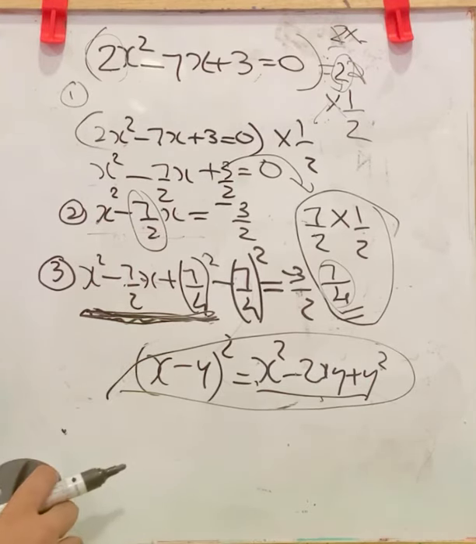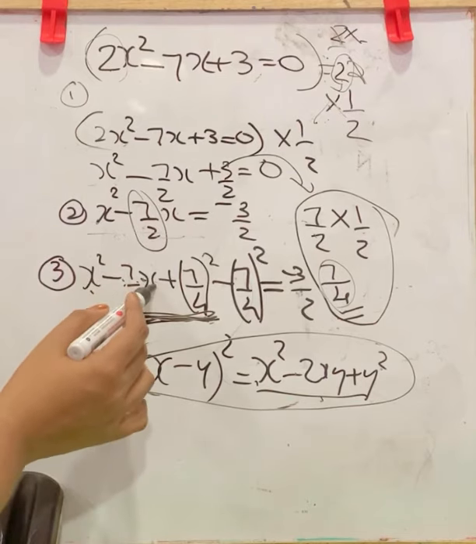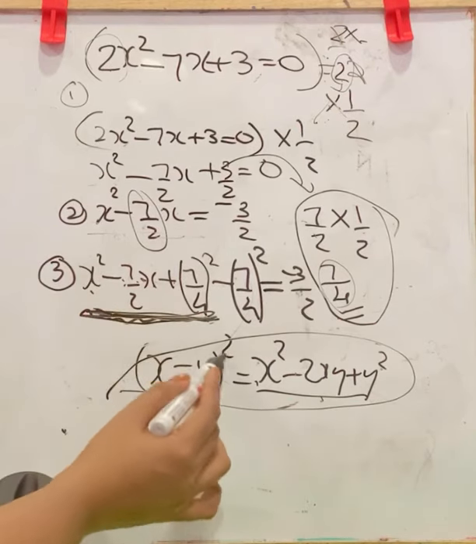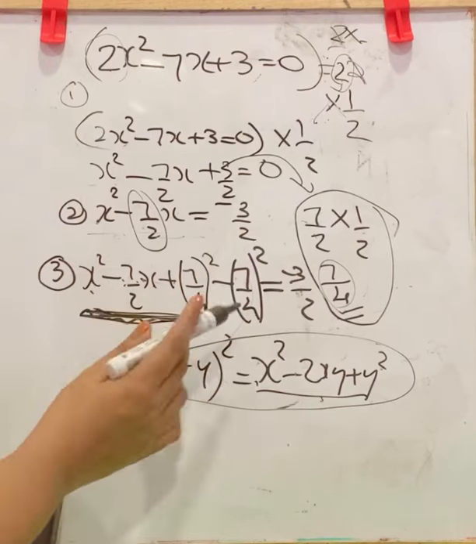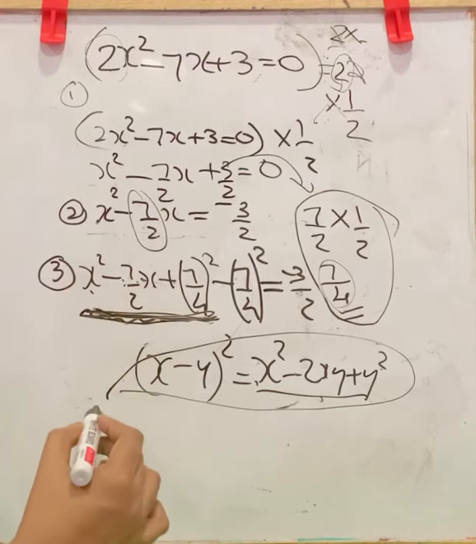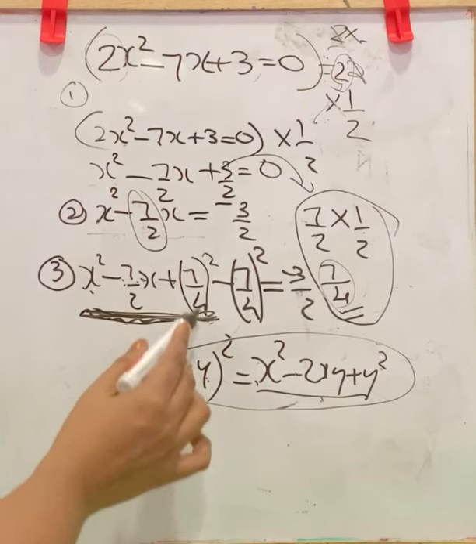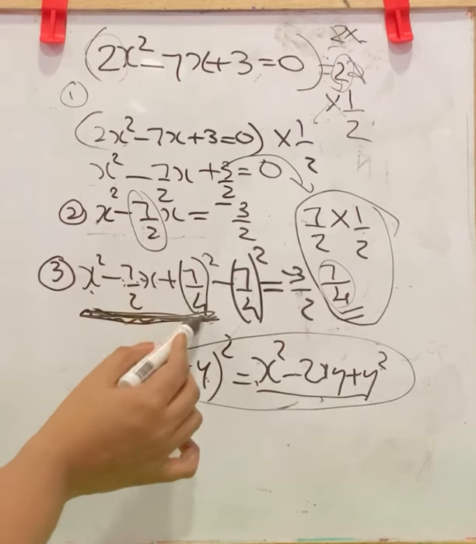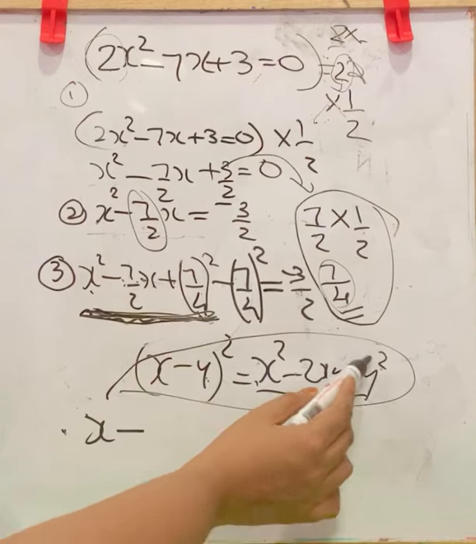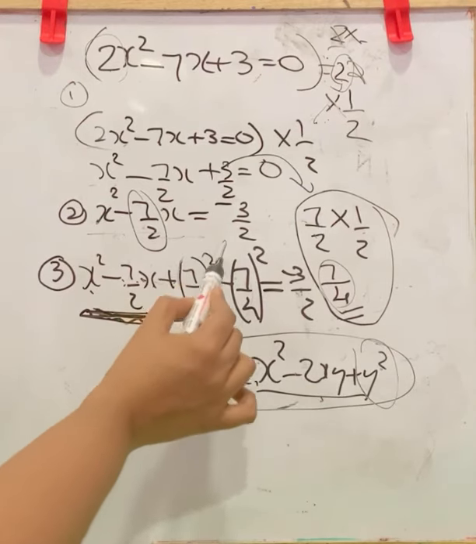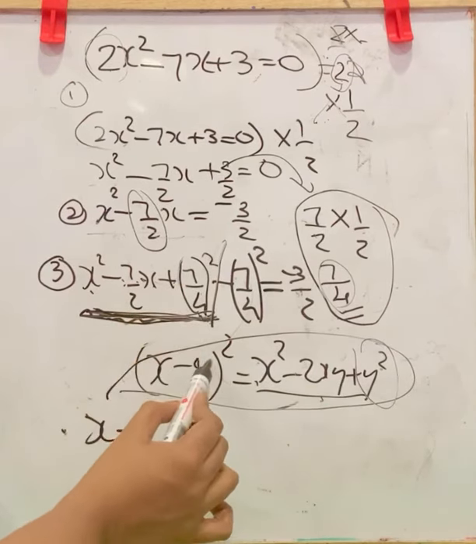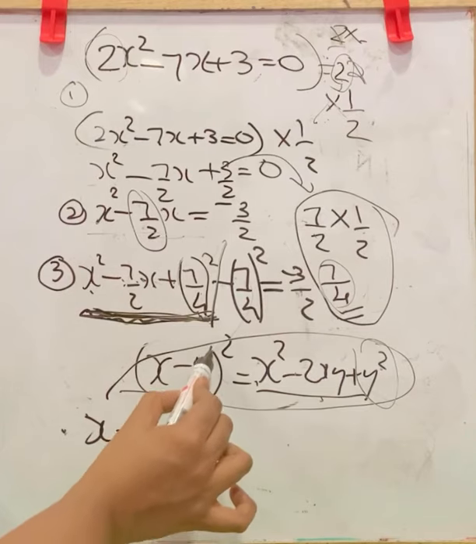So here we will write this as x square minus 2xy plus y square form, that we want to convert like this, x minus y whole square. How will you make it? It becomes x itself minus, instead of y we have 7 by 4, right? Y square is here, that is this term. From that you want to take the y part only, don't want to take the square.